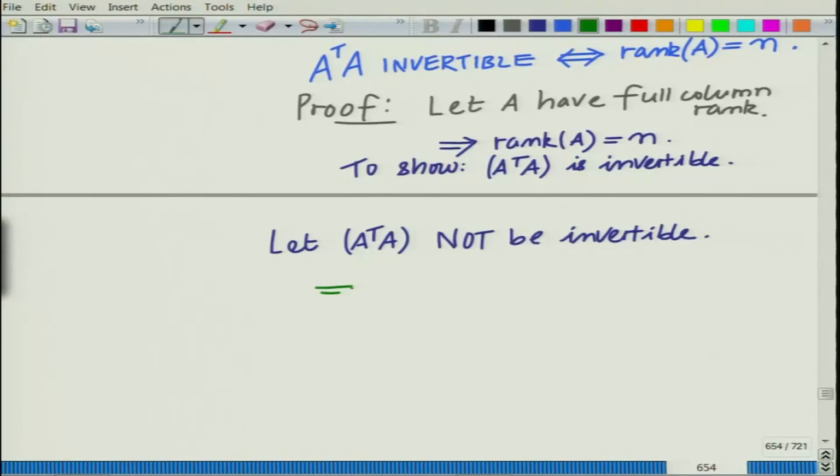So this implies A transpose A has a non-trivial null space.